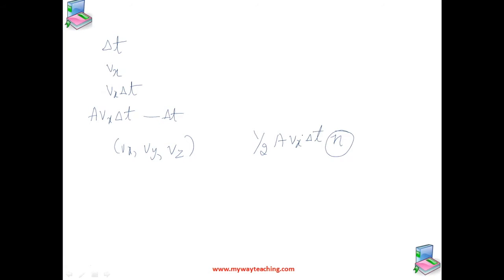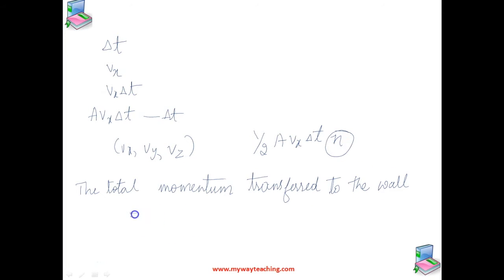The total momentum transferred to the wall by these molecules in time delta t is given by Q is equal to 2 m vx into 1 by 2 A vx n into delta t.